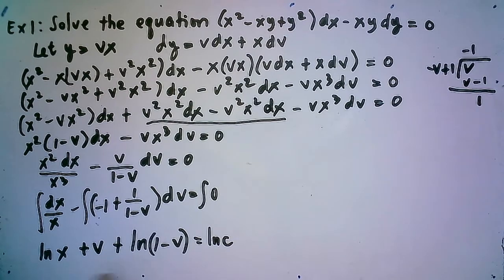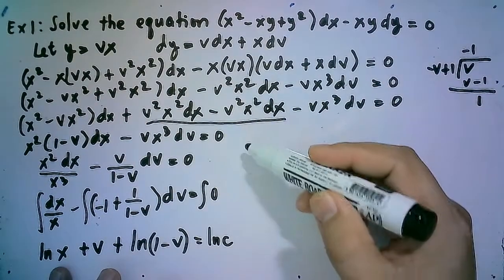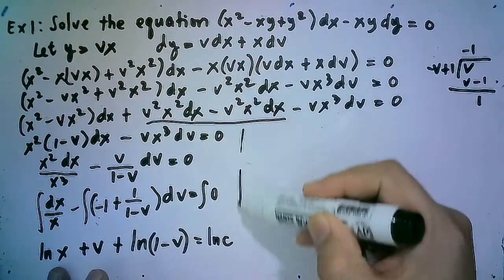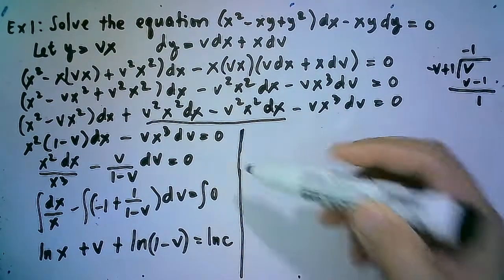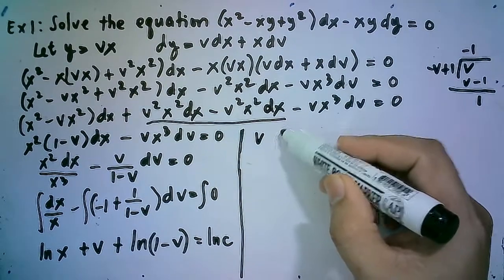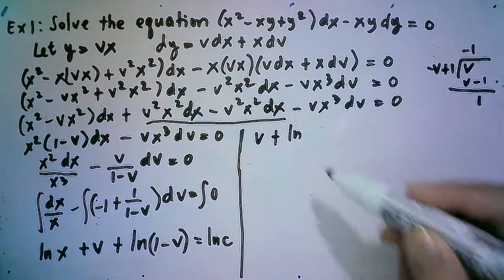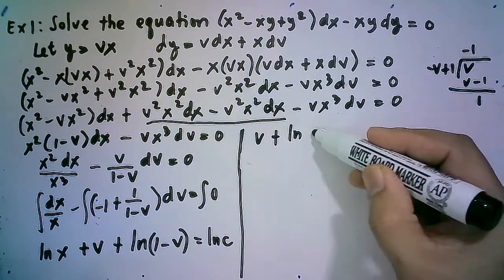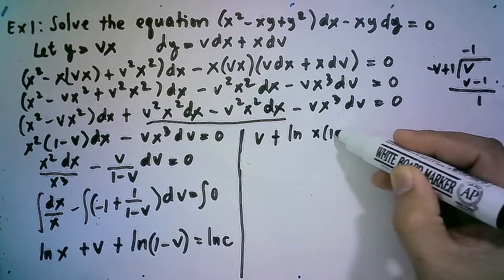Now when we combine these two ln, the result will be, I will write here a line. So this is now equivalent to v plus ln of x times 1 minus v.